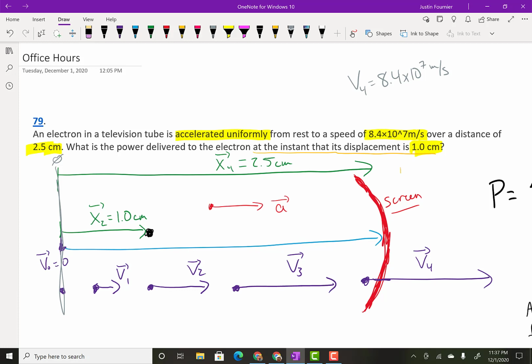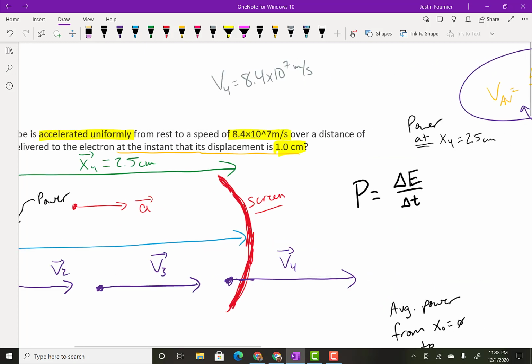This is where the 1 centimeter is, so this is where we're trying to find out the power right here. But because this thing's speed keeps increasing, the kinetic energy keeps increasing. So I'm sorry, let me amend that.